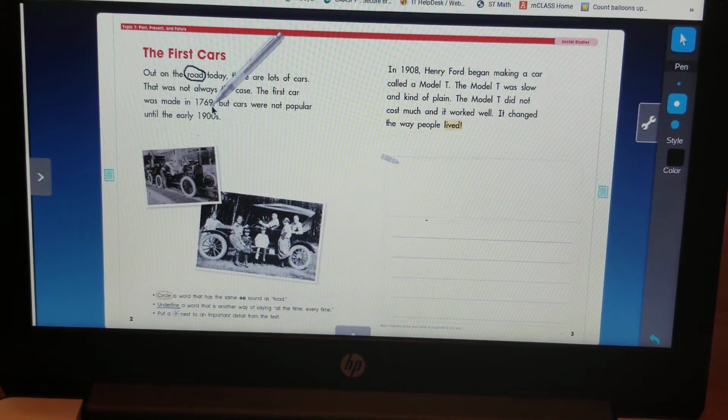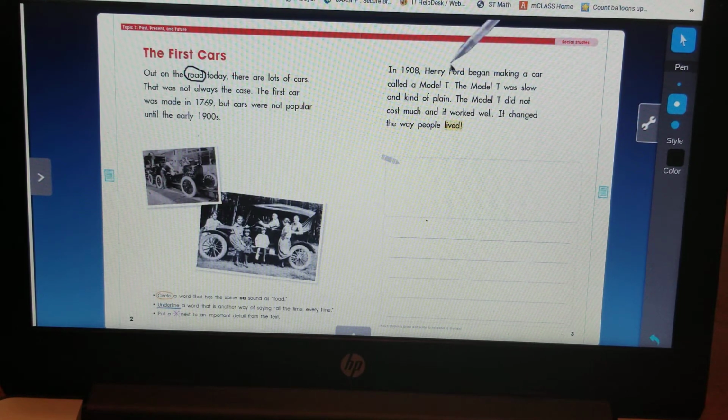Okay, I want us to also look for other words that have the O sound. In 1908, Henry Ford, that's almost the O sound, but OR, that's not quite the O sound. Henry Ford began making a car called a Model T. The Model T was slow.